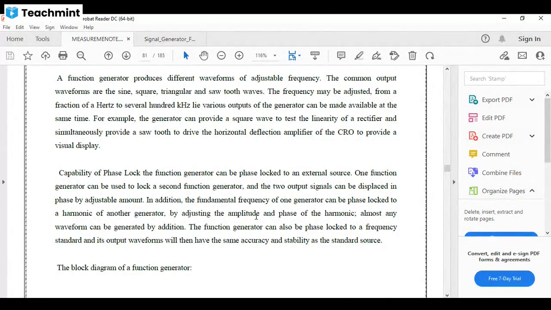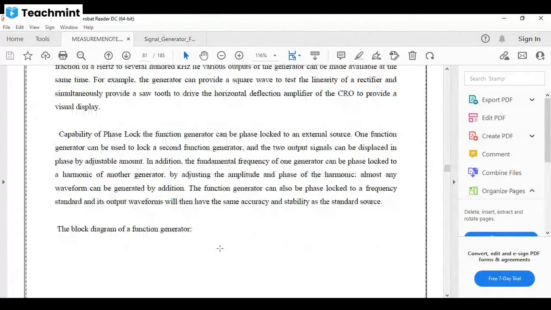By adjusting the amplitude and the phase of the harmonic, almost any waveform can be generated by addition. The function generator can also be phase locked to a frequency standard, and its output waveform will then have the same accuracy and stability as the standard source.